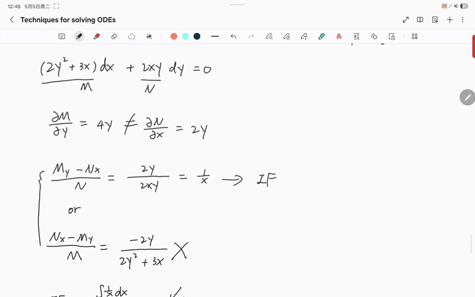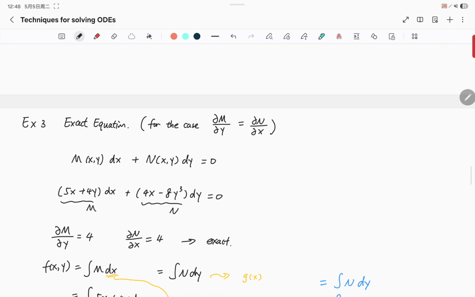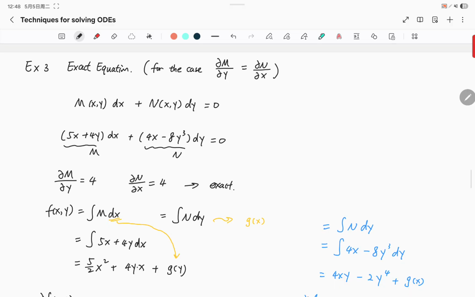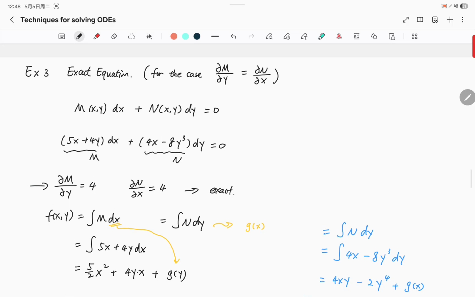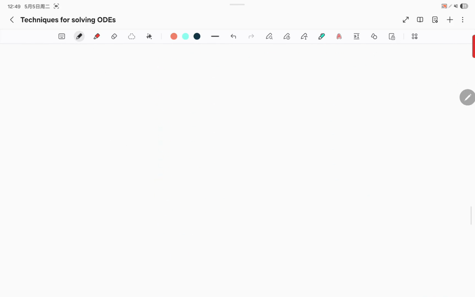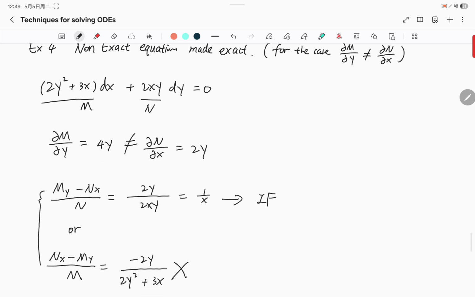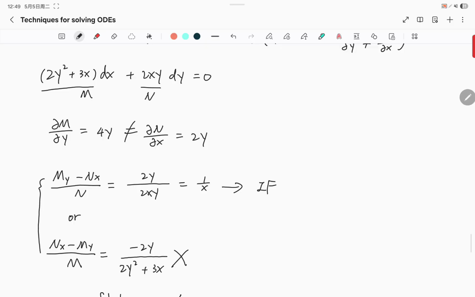Let's go over again. First step, actually for these two examples, very, very important. Your first step is always to check if they are exact or not. If they appear the same, then exact. If they appear not the same, in this case, 4y and 2y, they're not the same, they're not exact.